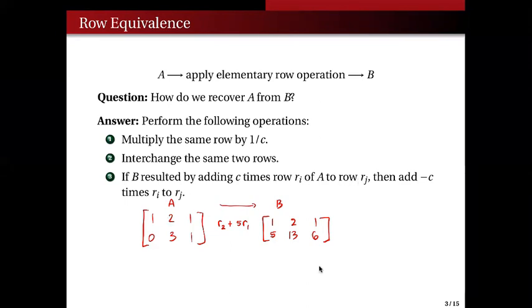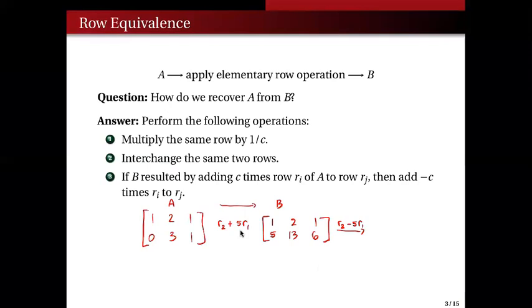So in here, to bring back A, we add to row 2 negative C times row 1. Meaning, in this case, you have minus 5 times row 1. Correct?